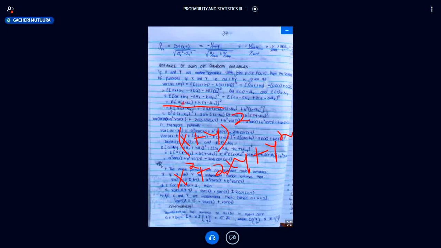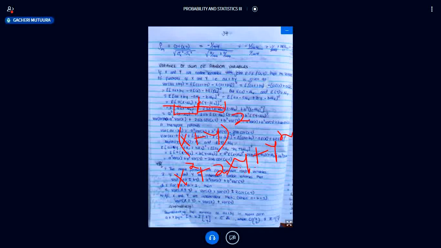So the first term is a into x minus mu x. So that becomes a squared into x minus mu x squared. And then 2 times the first term times the second term. So we have 2 times a into x minus mu x times b into y minus mu y. And then the last term is b into y minus mu y squared.